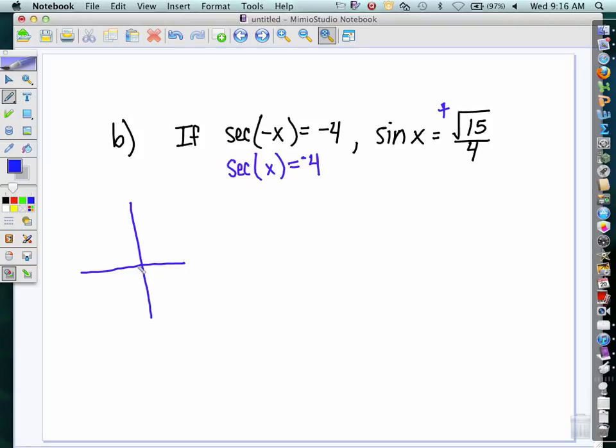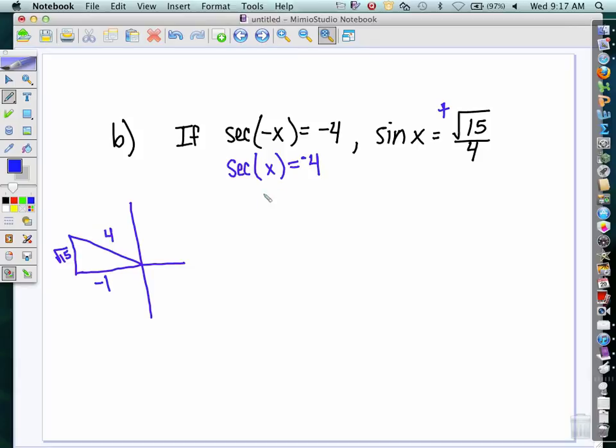Here's what we know. In quadrant 2, we've got our sine. Well, sine is the y value, the root 15, over the r value, which is 4. And if secant here is negative 4, then that would make the x value negative 1.